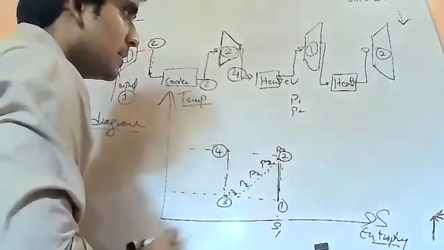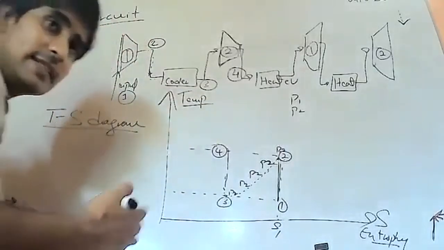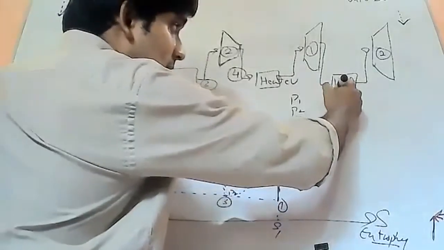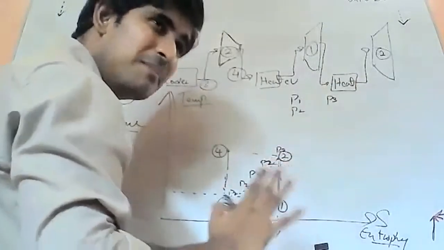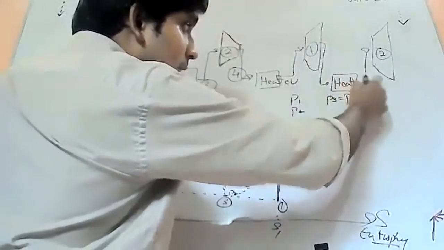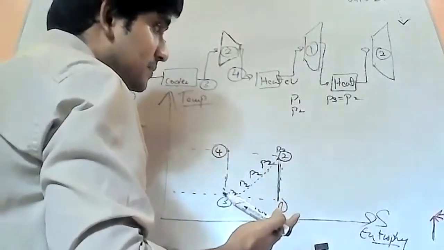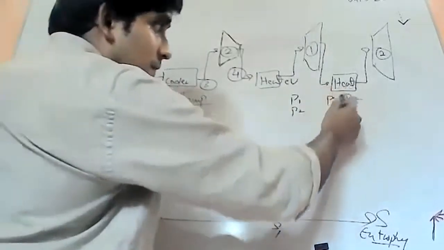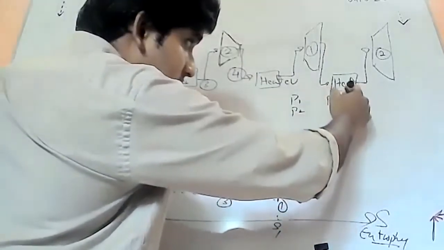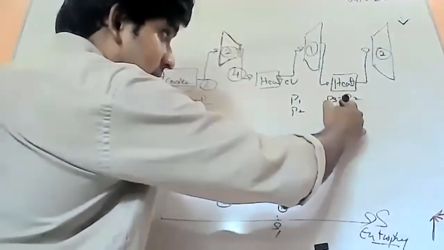Right. Then what is the next compression stage? That is P3. But no worries, P3 also equals P2. From there it is compressed to the next pressure, let's say P4.